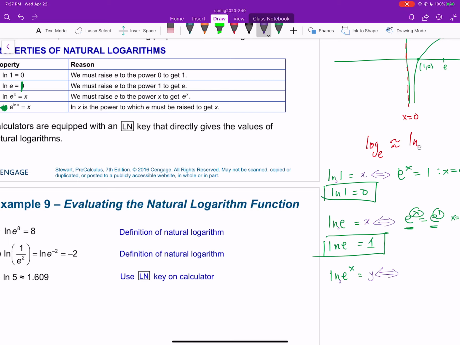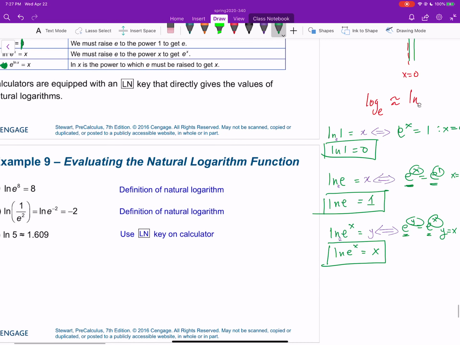So you get e to the y is equal to e to the x. Well, we've got the same base. The powers must be equal, so y is equal to x. So we can say that ln e to the x is equal to x. That's another fact that you can always use.